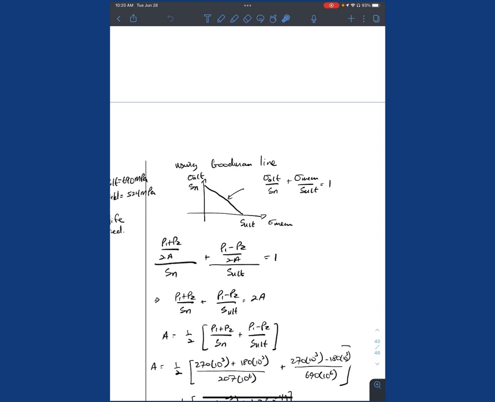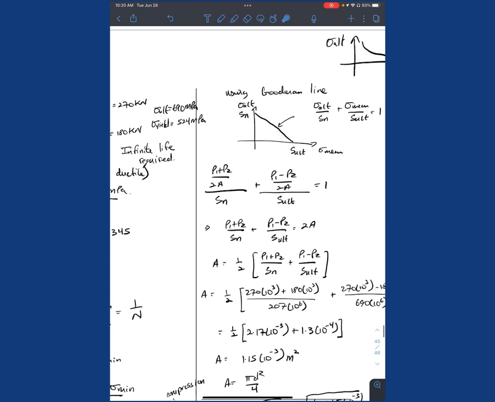Remember, infinite life has to do with the endurance curve or the S-N curve. It might look something like this, and we see at about here we have about 10 to the power 6 cycles. This is your alternating stress here. So we actually want to have approximately infinite life, or about a million cycles.